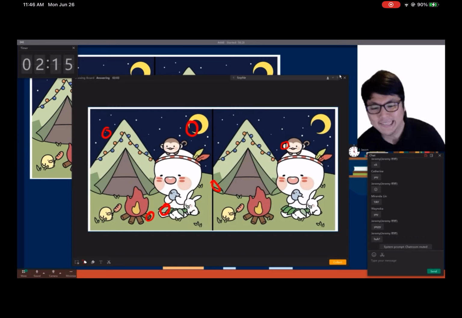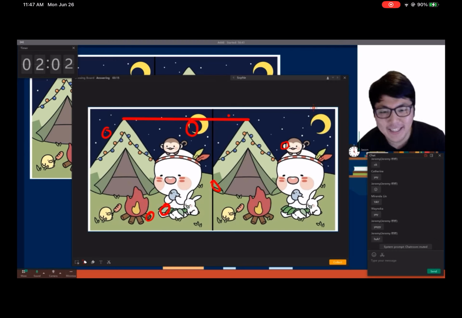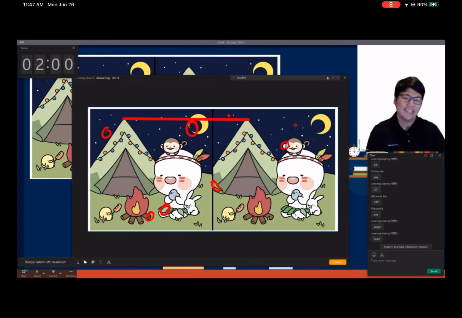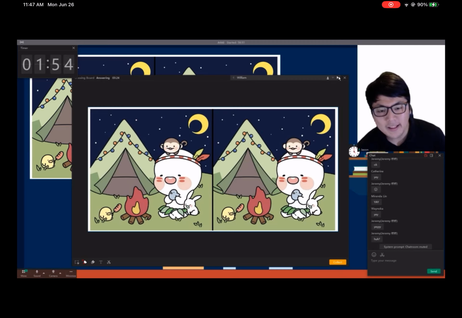Where? Sophie's actually measuring the height as well. Oh my gosh, so funny.